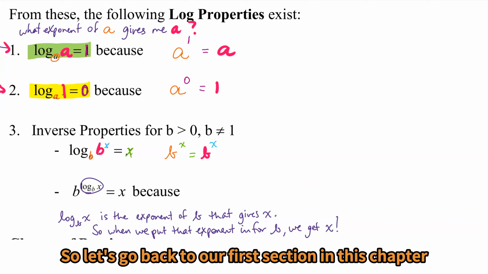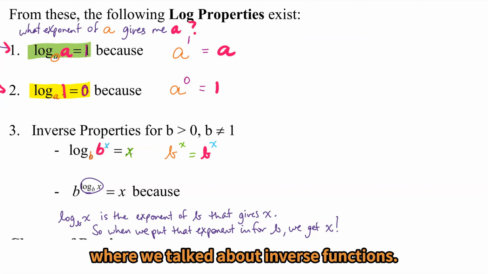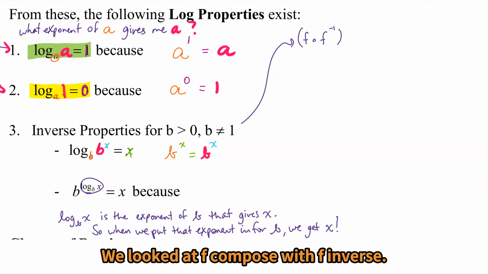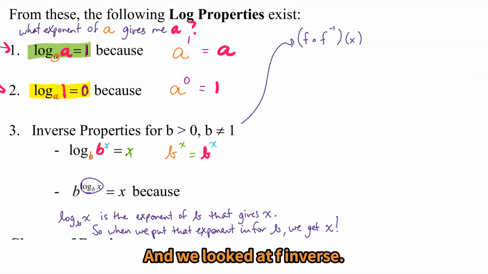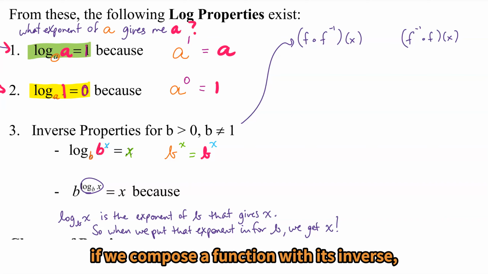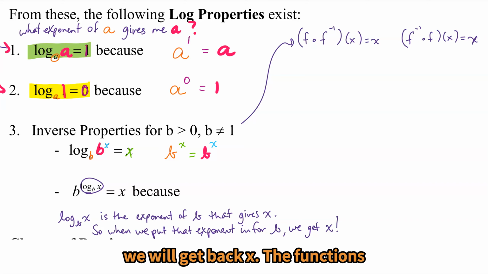So let's go back to our first section in this chapter where we talked about inverse functions. So inverse functions, we looked at f composed with f inverse, and we looked at f inverse composed with f. In both of those cases, if we compose a function with its inverse, we will get back x.